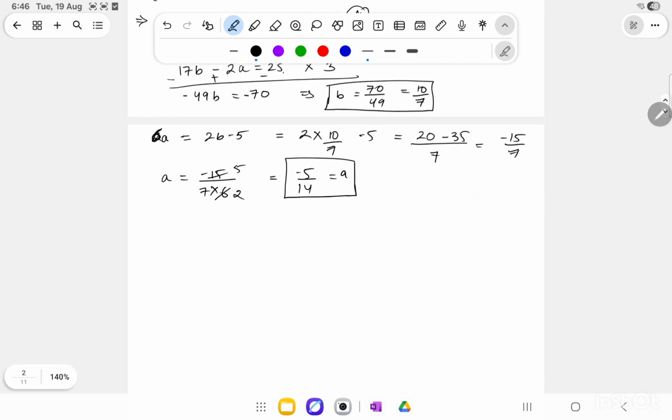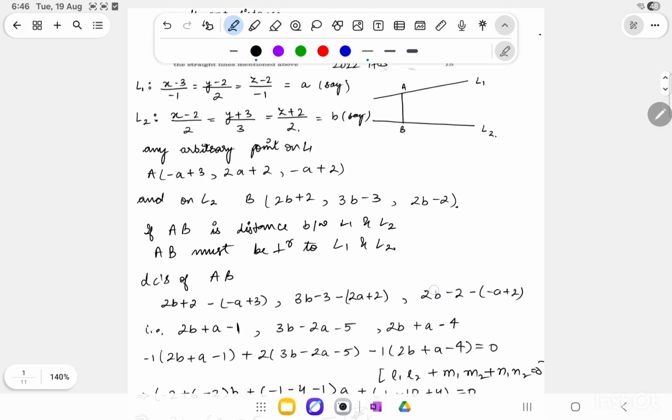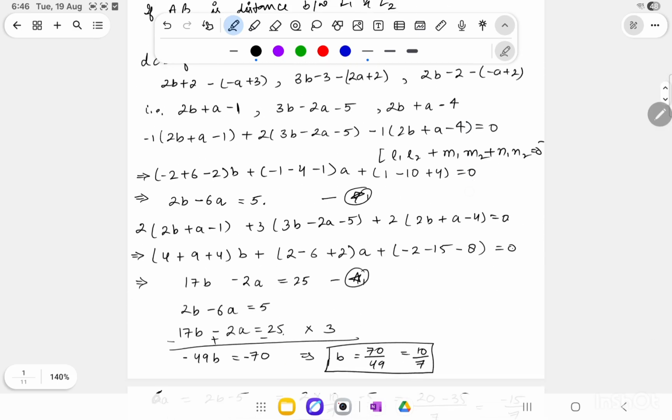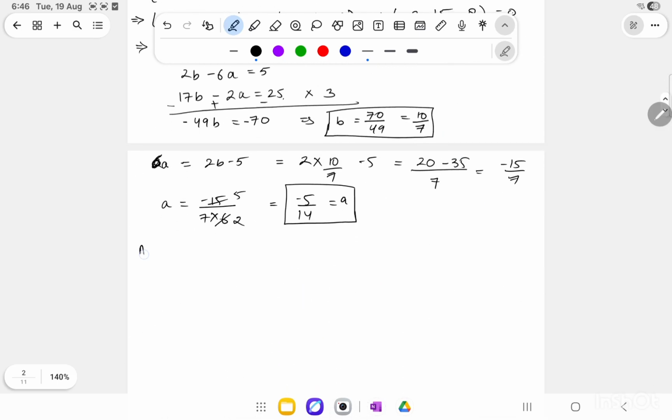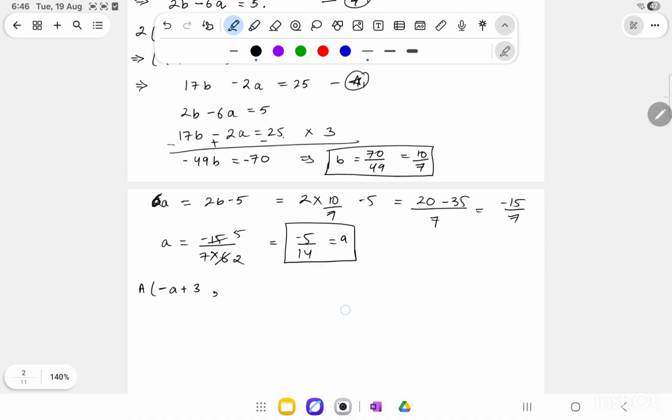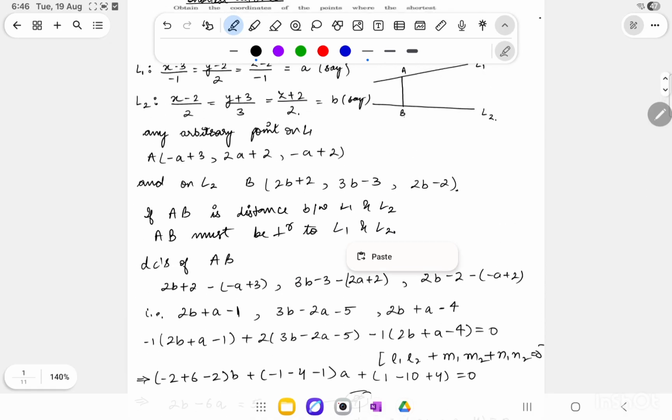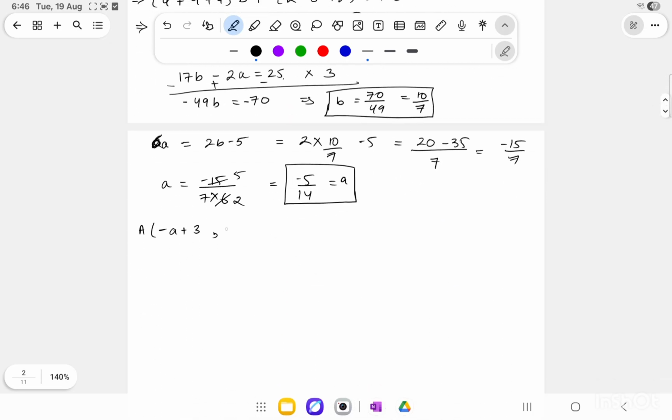So now I can just substitute the values of small a and small b to get the coordinates of points A and B. So my point A is minus a plus 3 comma 2a plus 2 comma minus a plus 2.